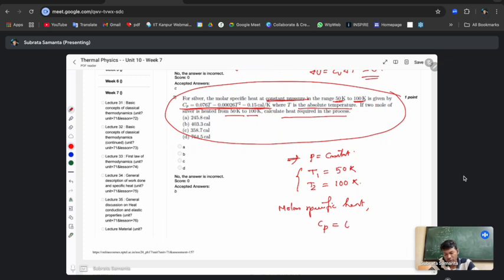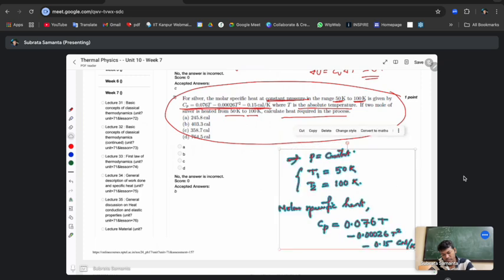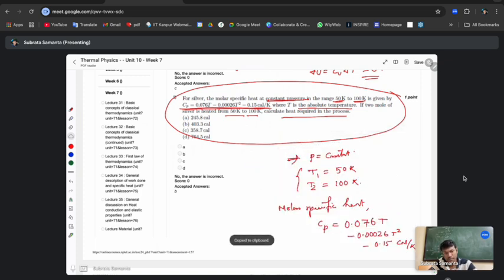So Cp equals 0.076 T minus 0.00026 T square minus 0.15 calorie per Kelvin. Let's first copy this. This is the data, and T is the absolute temperature.